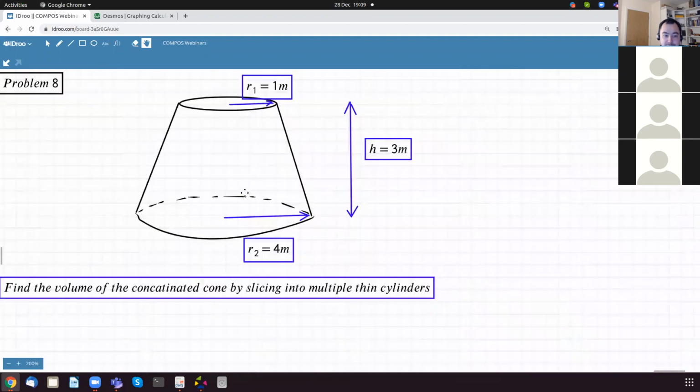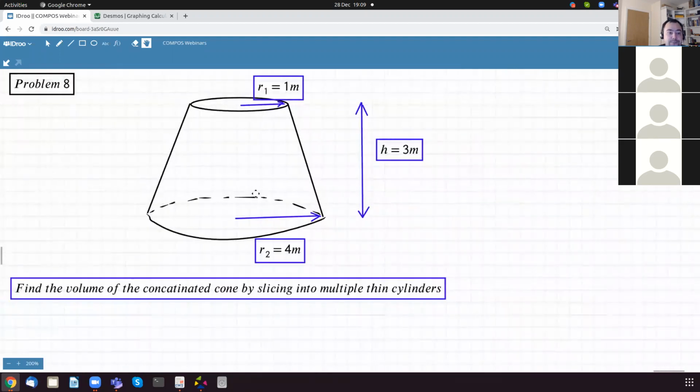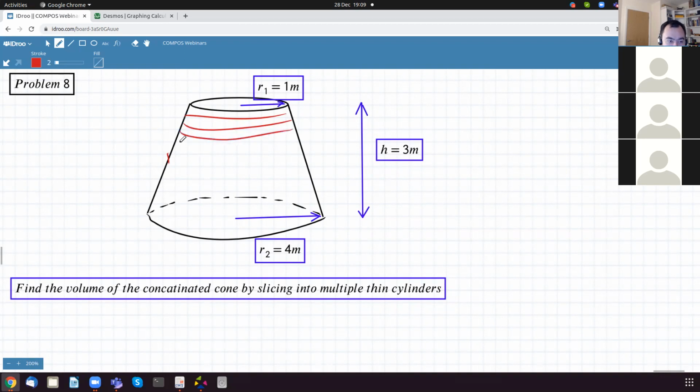So what we're going to do is cut the cylinder into very thin slices. So imagine the cylinder is made of pancakes. Okay. So we take one such slice.